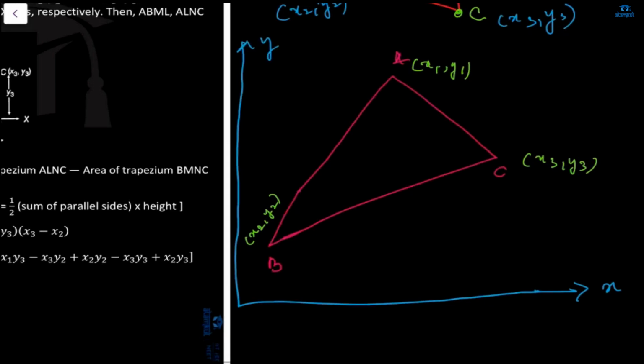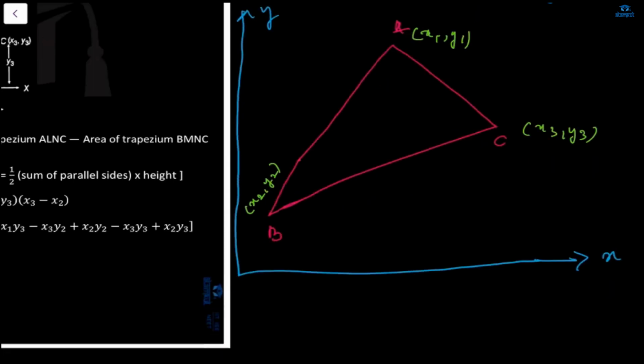Now I am drawing perpendiculars from all these points. Now if you see the points here, B has x-coordinate x2, so this value will be x2, and this value would be y2.